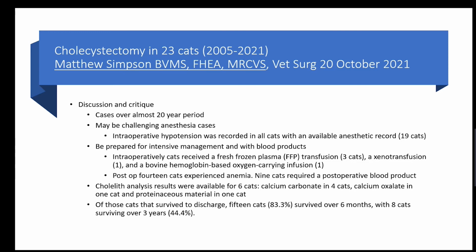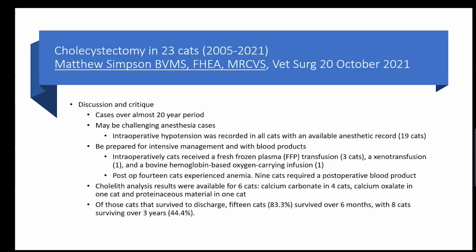And also there was a very high rate of transfusion, anemia, and transfusion with plasma or oxyglobin, which shows how long ago this study started, as well as autotransfusions being something that was pretty common. So 14 cats were anemic and 9 of them required transfusion.